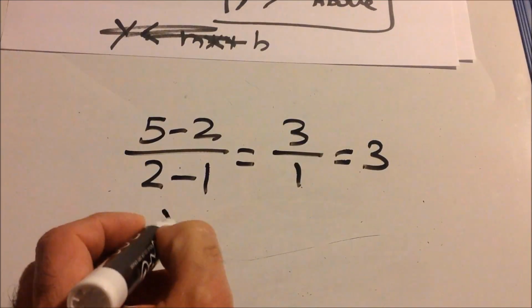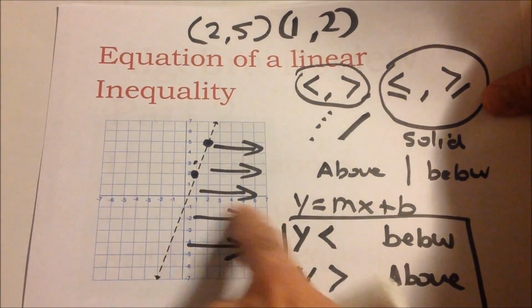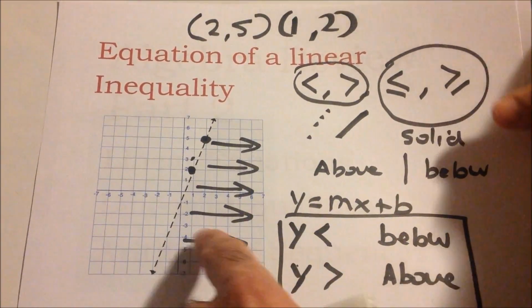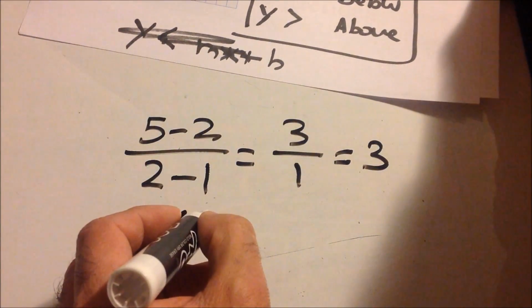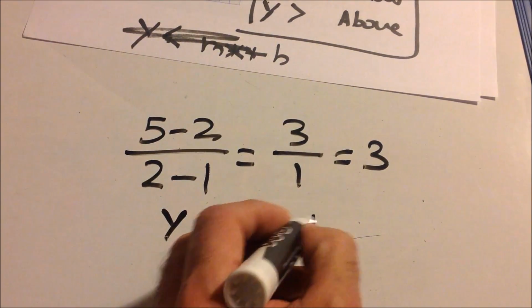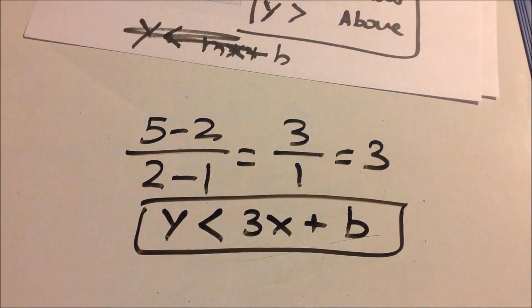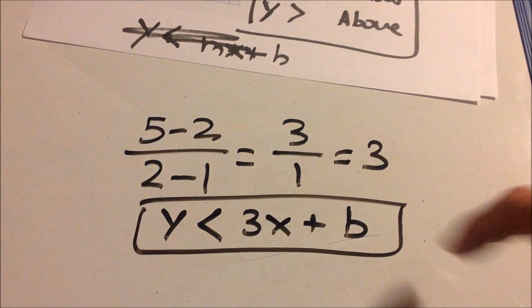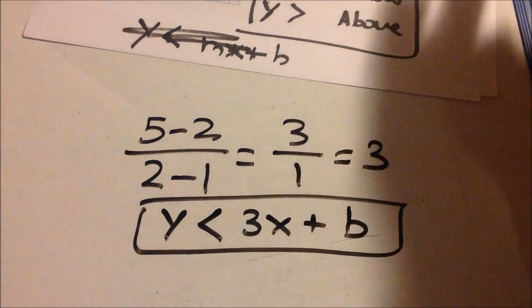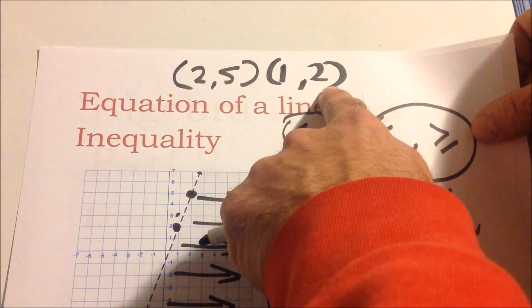So we're saying that y, and it's below the line. Remember, it's below the line. We're saying y is, since it's below, going to be less than 3x plus b. That's what we have. Now, let's try to find what b is. Well, we can plug in any 2 points we want. Let's say 1 and 2. 1 and 2 looks good.